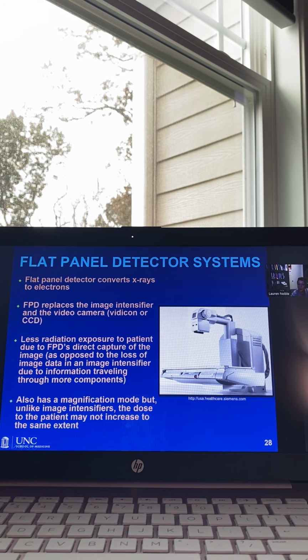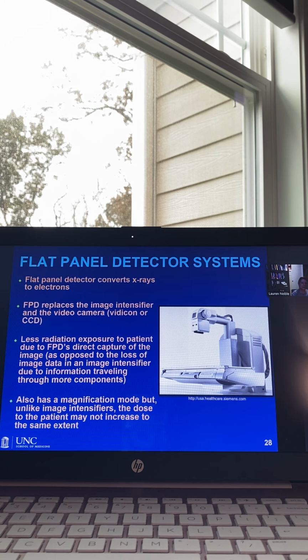This type of unit, because it is a flat panel, and even though it's a little bit different in terms of its response time, it can still be used for general diagnostic imaging. At the push of a button, you can convert its use from fluoro to general diagnostic radiography. Down in our lab with the image intensified unit, if I want to do just regular X-rays, then I need to move that big fluoro tower out of the way and bring my X-ray tube over.